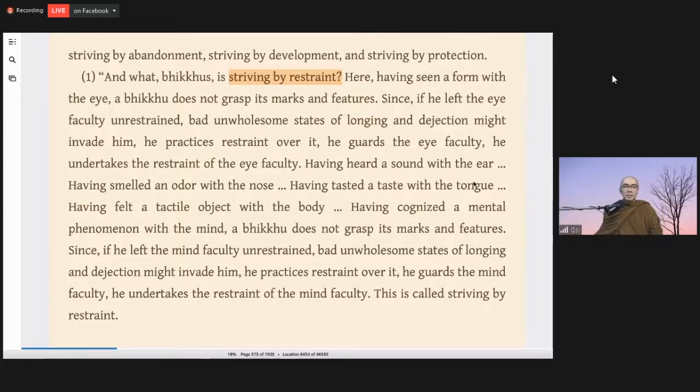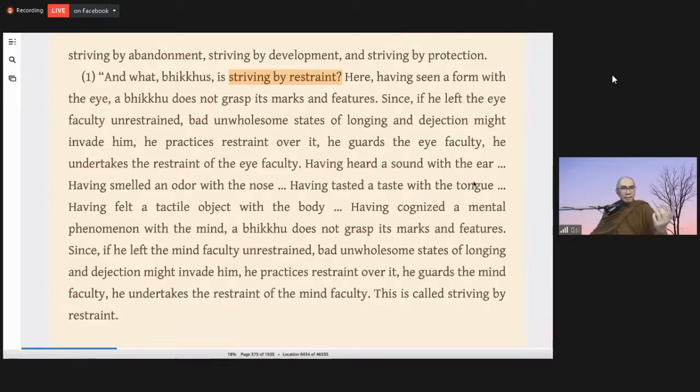So here, striving by restraint means that while you're meditating, you make an effort to really label seeing, and make the effort of noticing hearing, so that the mind doesn't go into all the marks and features. It just knows hearing only, but it doesn't know the words.